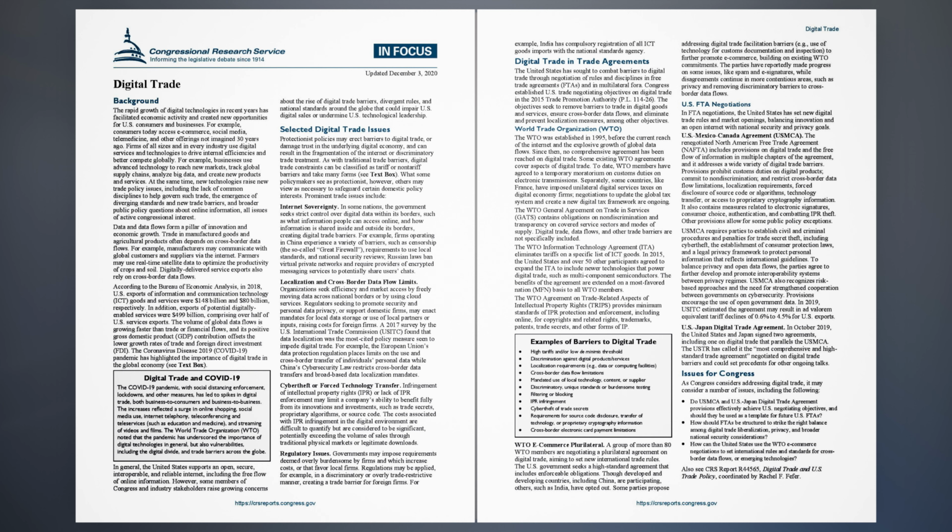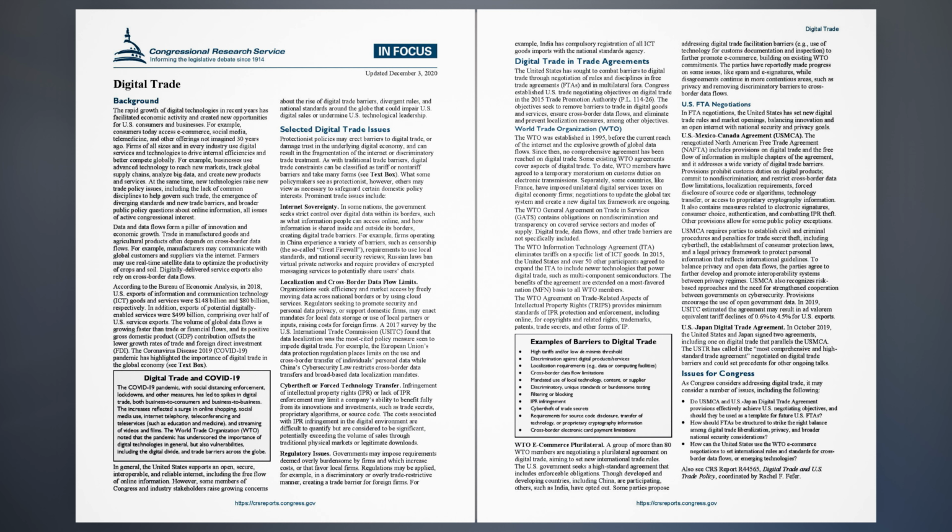U.S. FTA negotiations. In FTA negotiations, the United States has set new digital trade rules and market openings, balancing innovation and an open internet with national security and privacy goals. U.S.-Mexico-Canada Agreement, USMCA. The renegotiated North American Free Trade Agreement, NAFTA, includes provisions on digital trade and the free flow of information in multiple chapters of the agreement, and it addresses a wide variety of digital trade barriers.